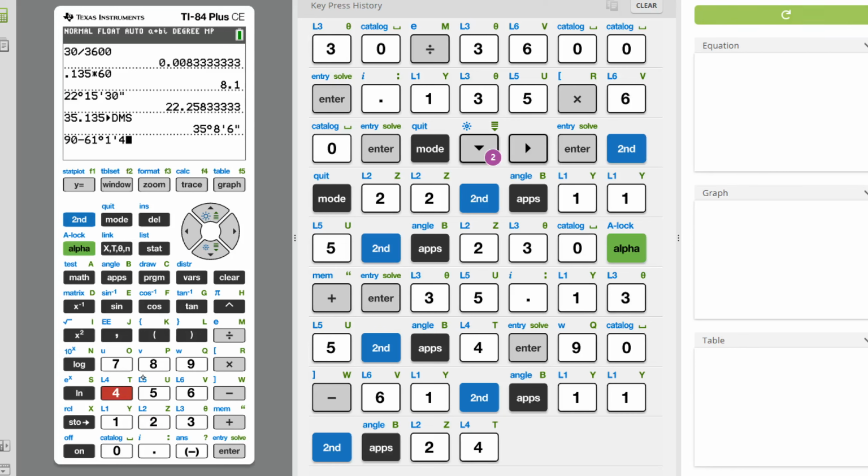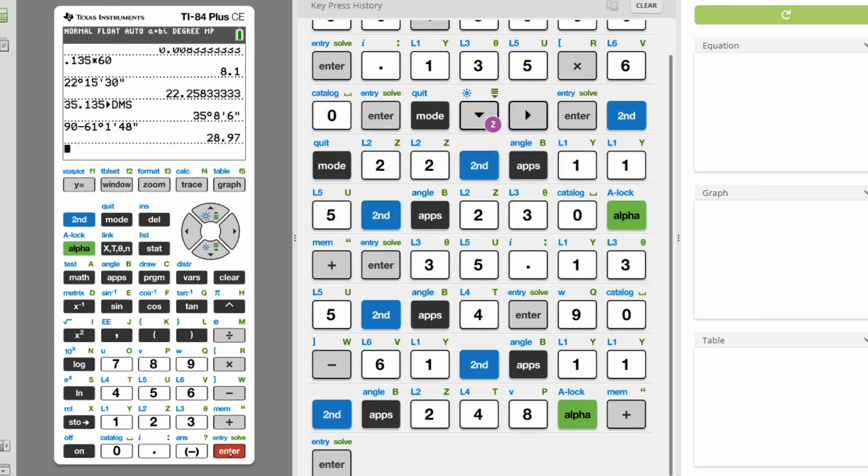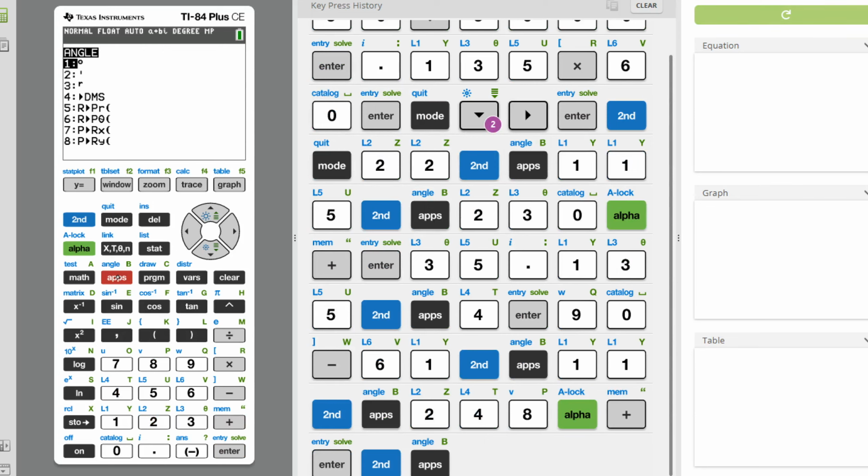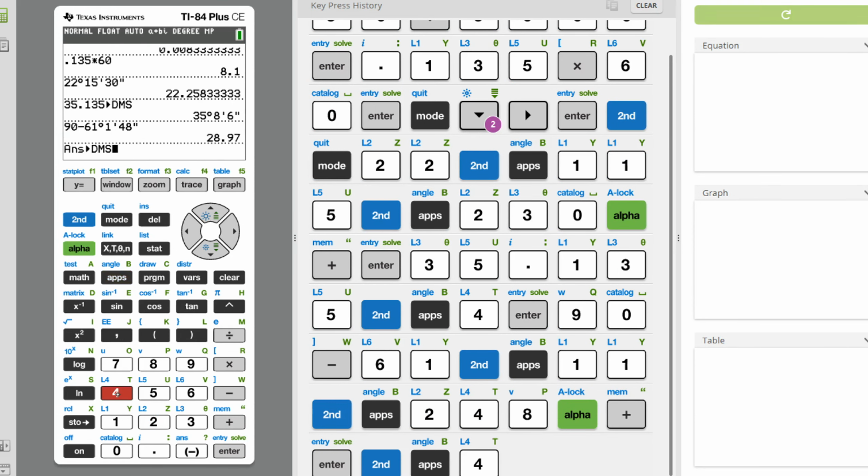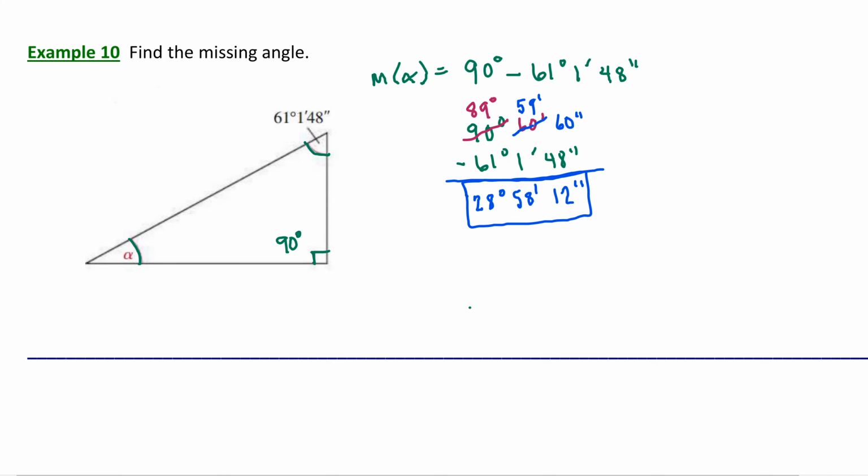To enter the 48 seconds, remember we're going to do alpha and plus. So we're going to end up with 28.97 decimal degrees, but I prefer to have that in the degrees, minutes, seconds format. So we're going to go back to our angle menu, second angle. We're going to choose option number 4, degrees, minutes, and seconds. And we have 28 degrees, 58 minutes, and 12 seconds. The same thing that we came up with.